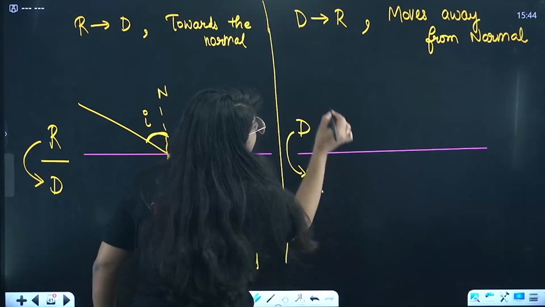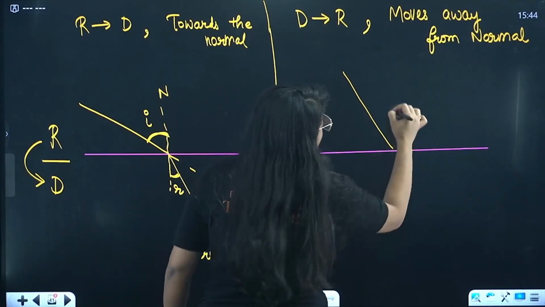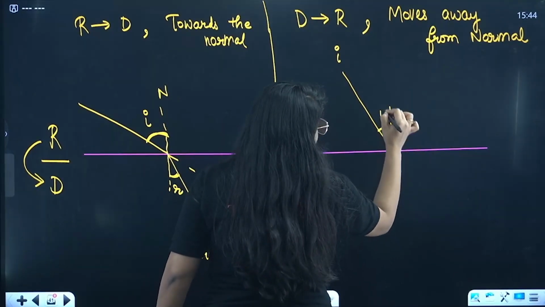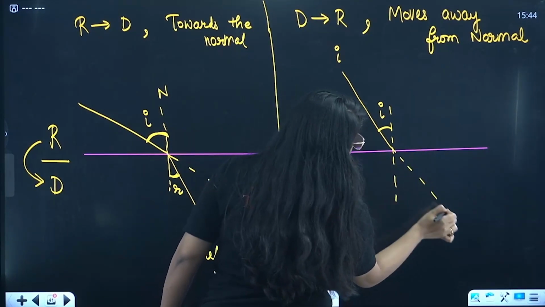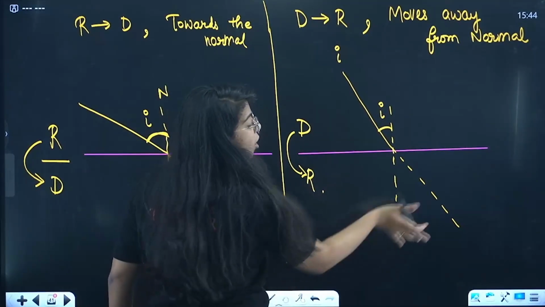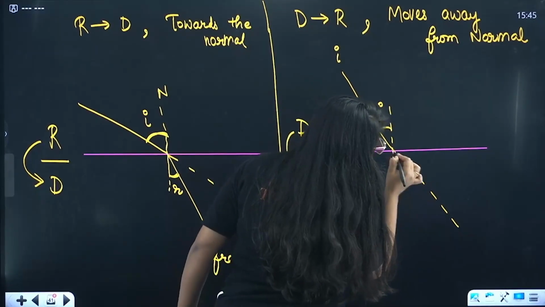So what will happen? This light ray is coming. This is your normal. So this is the incident ray, and this is your incident angle. Technically it should go straight, but there is a change in the medium, so it will bend away from the normal. It will go like this.